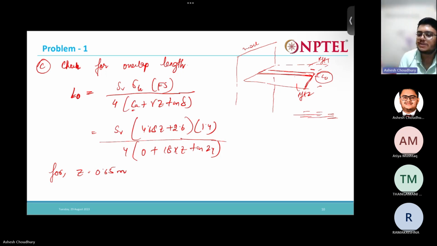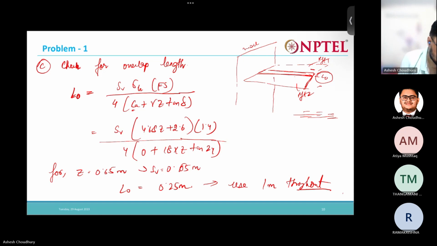So at the uppermost layer Z is 0.65 meter and spacing is also 0.65 meter. So we can calculate this L naught as 0.425 meter. So use 1 meter. Generally a minimum of 1 meter overlap has to be used, so we'll be using 1 meter overlap throughout.